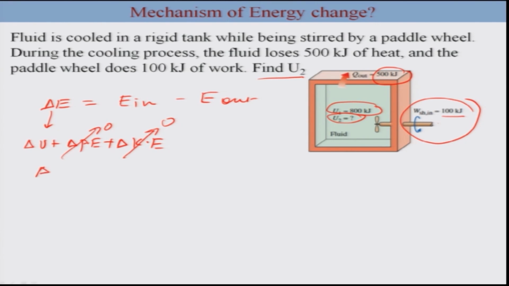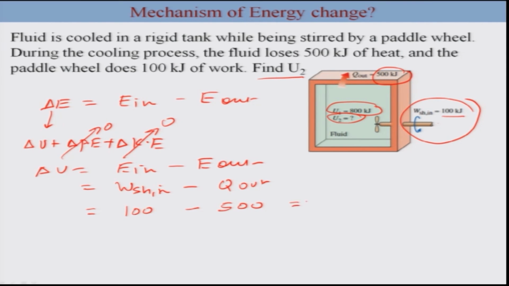So you have delta U as E in minus E out. So what is E in here? Is nothing but shaft work in, okay, and there is no heat supplied to the system. And what is E out? Is simply Q out. So you have 100 minus 500. So this is nothing but minus 400.